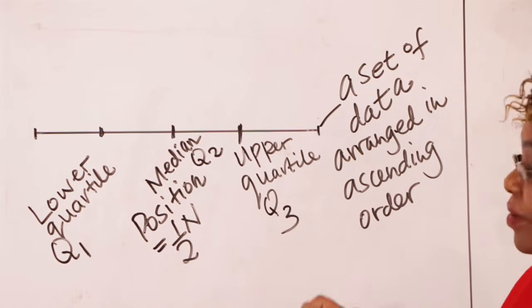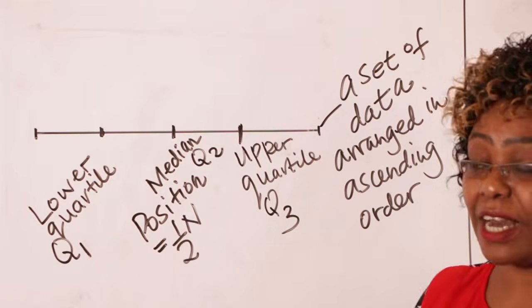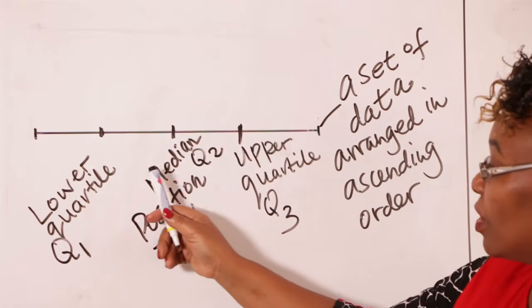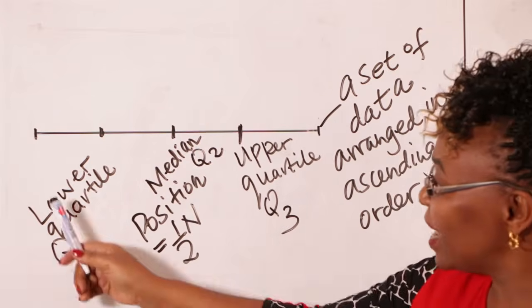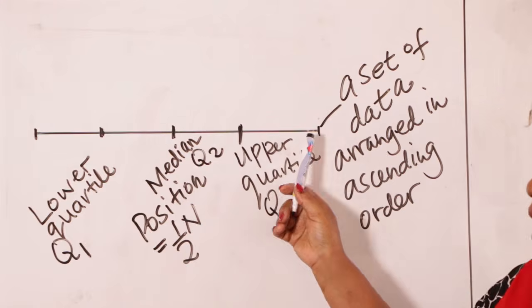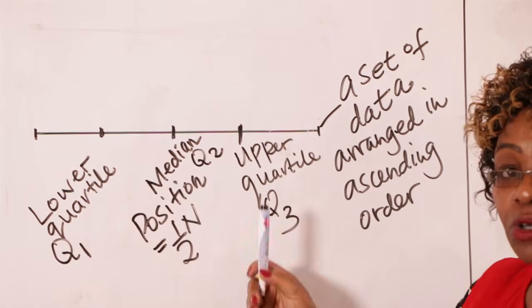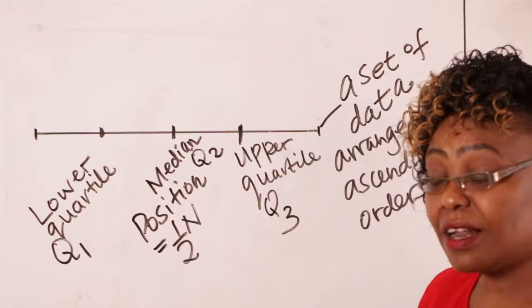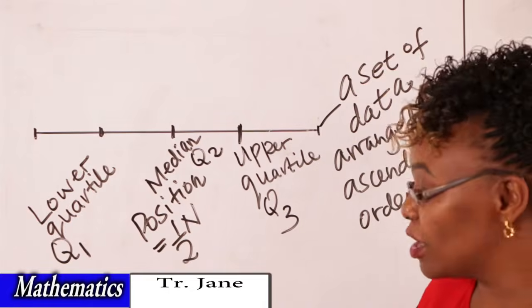Q3. Good. So, Lana, we are dealing with quartiles, 1, 2, 3. Quartiles divide a set of data into how many parts? 1, 2, 3, 4. So quartiles of a data divide the data into 4 equal parts.